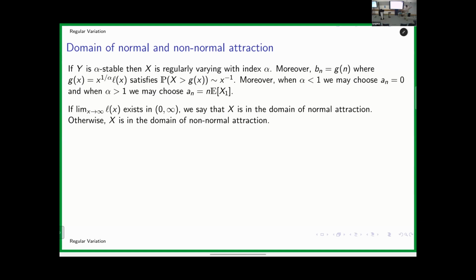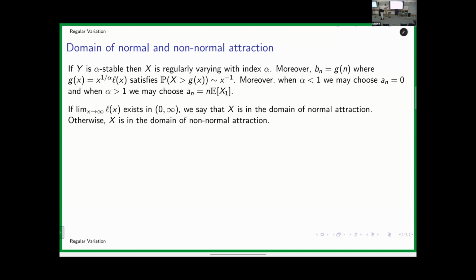It's not exactly its inverse, it's not exactly anything like that. It's usually called the Bruijn conjugate. And sometimes it's easy to work out, sometimes it's not. Usually if this is some power of log, the other is another power of log. There's some nice relationship which you can usually work out. Okay. And in this case, for a positive finite limit, we will say that X is in the domain of normal attraction, not the normal domain of attraction.